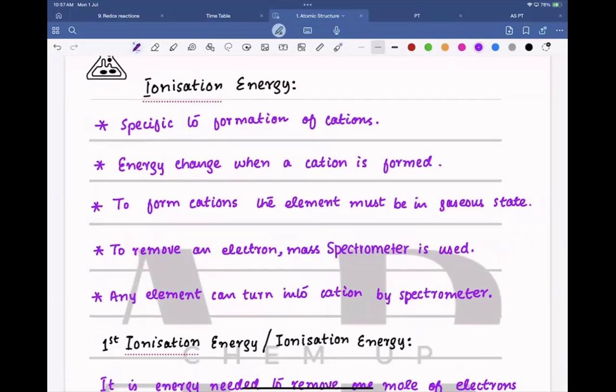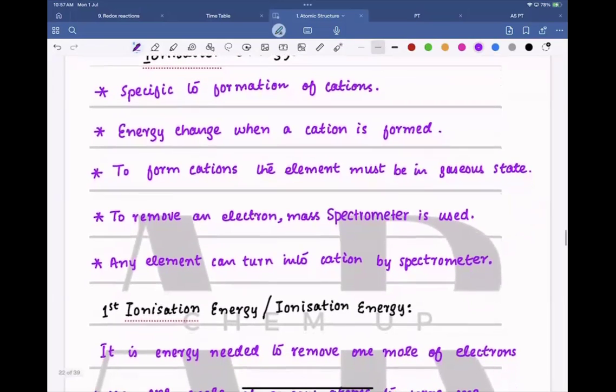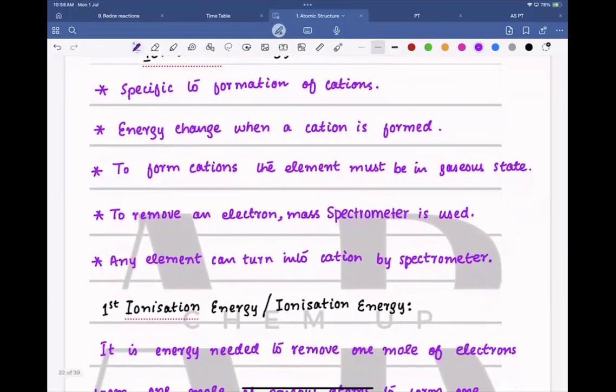In which we provide the energy, and that energy is actually used, and as a result, the electron gets removed, and the mass spectrometer notes that amount of energy. And from this spectrometer, we can turn any element into the cation. It's not only group 1 or group 2 or the metals.